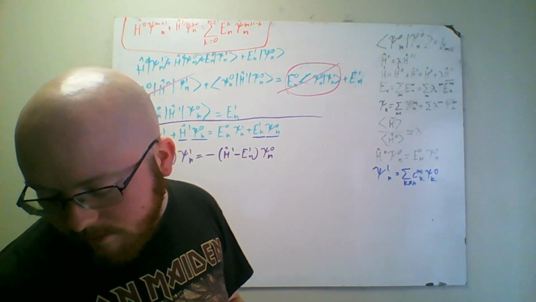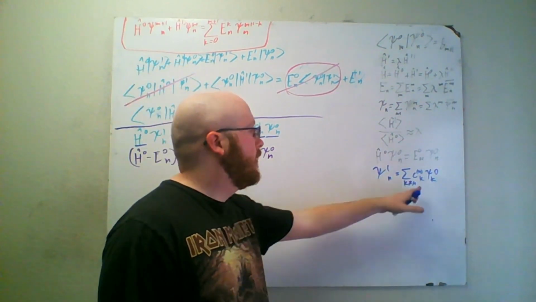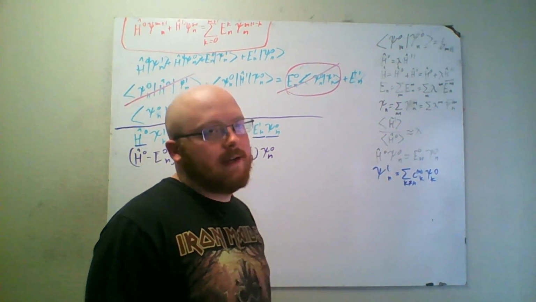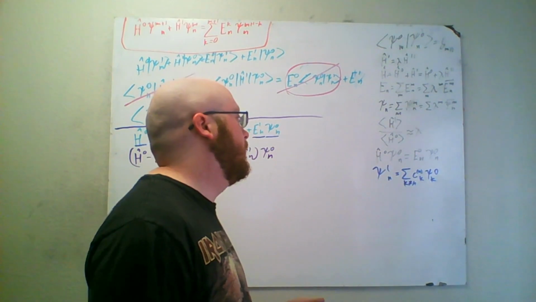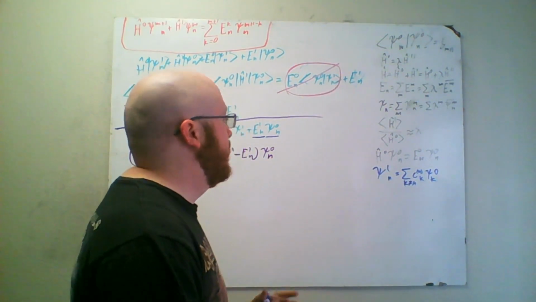Sorry, just checking certain things, make sure everything's up and running. Okay, and the reason we don't have the k equals n term is because we already kind of included it up here. So let me just write it out.